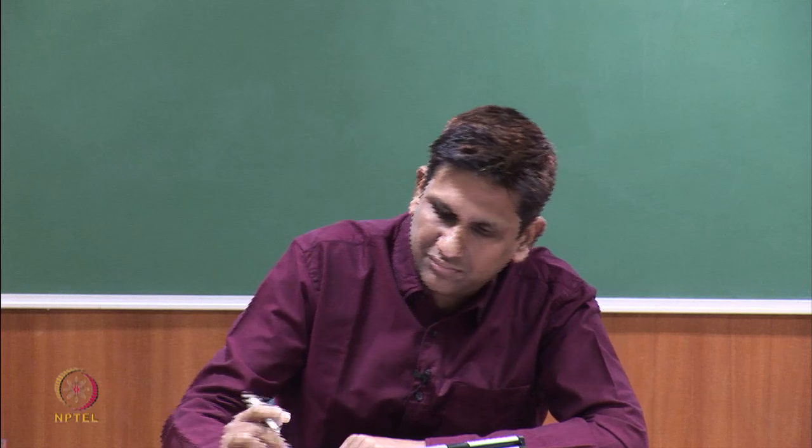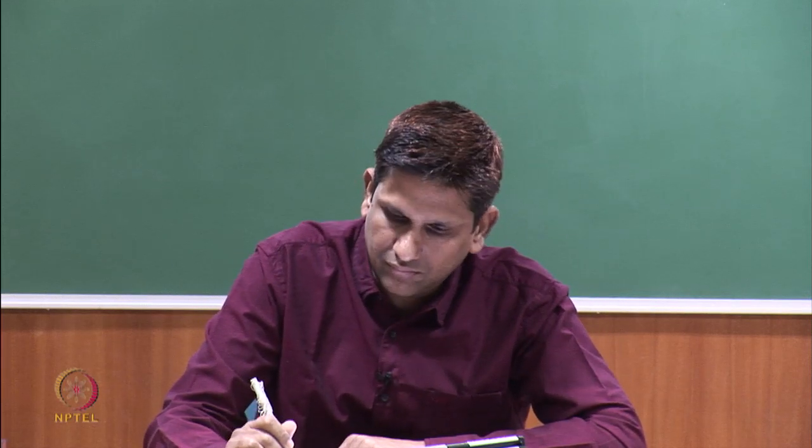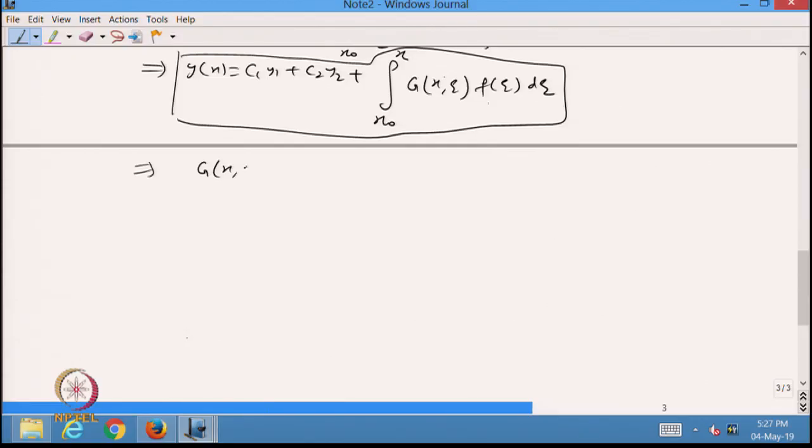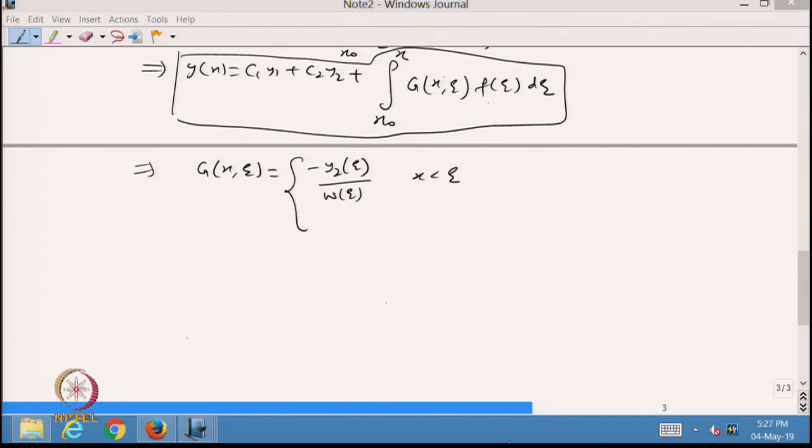So from here I can define that my Green function will be minus y2(xi) over the Wronskian when x is less than xi, and y1(xi) over the Wronskian when x is greater than xi, multiplied by y1(x) and y2(x) respectively. So this is my Green function in that case.